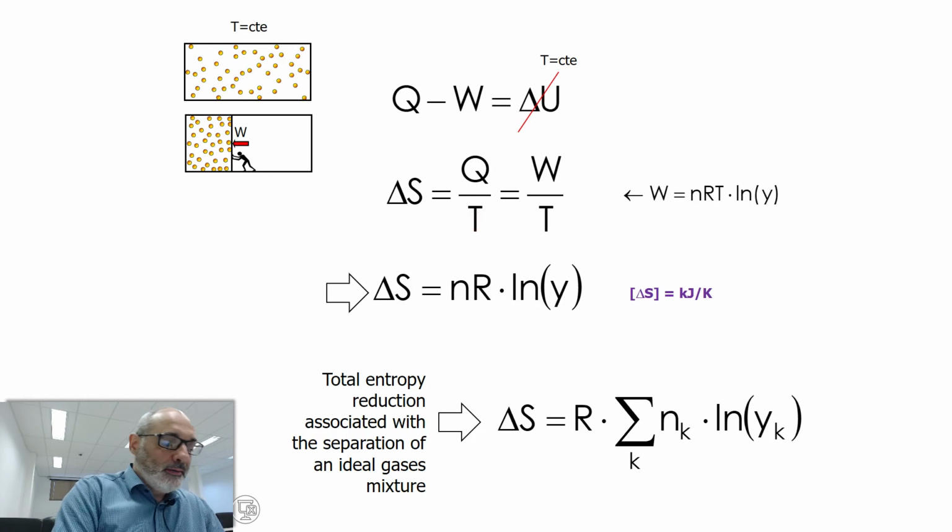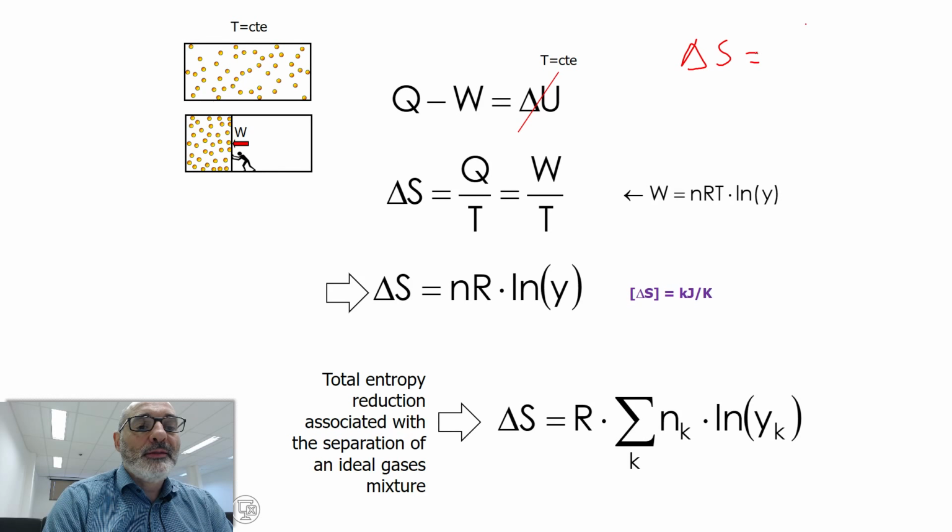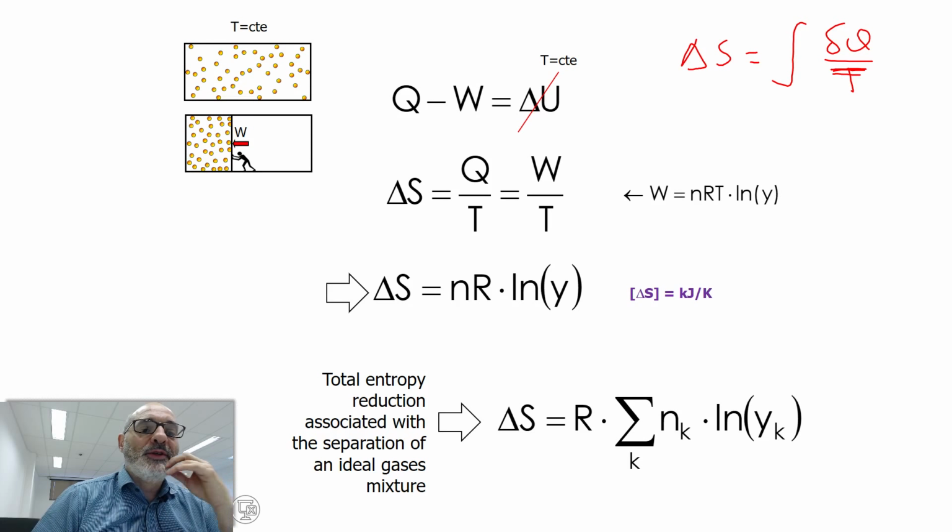Actually, the more generic formula is delta S equals the integral of del Q over T. Since temperature is constant, we have the integral of del Q, which is Q.